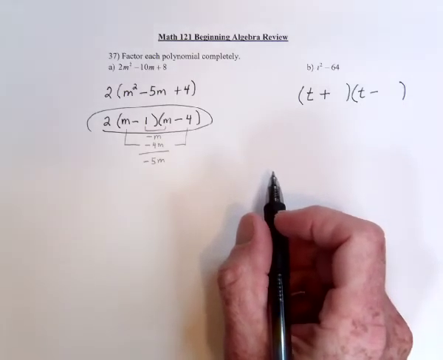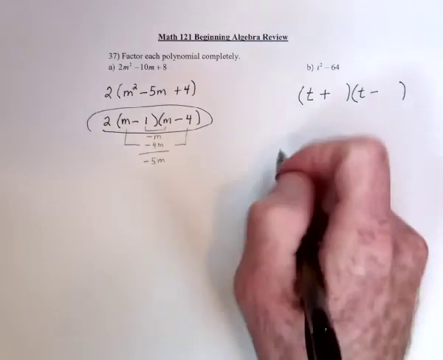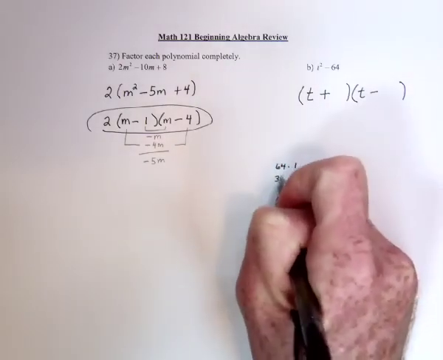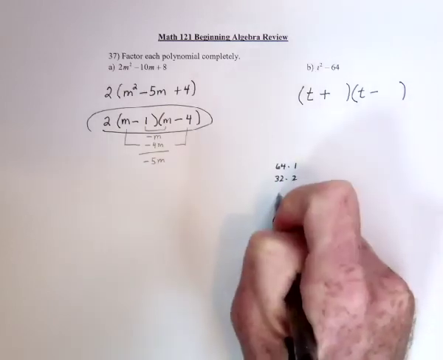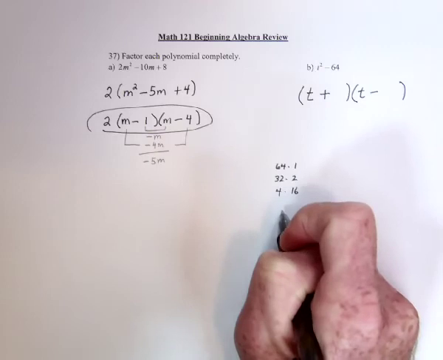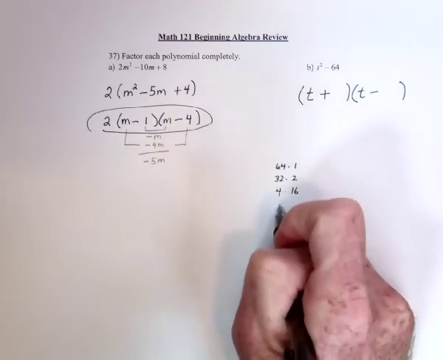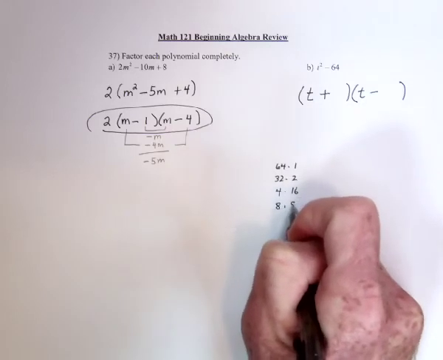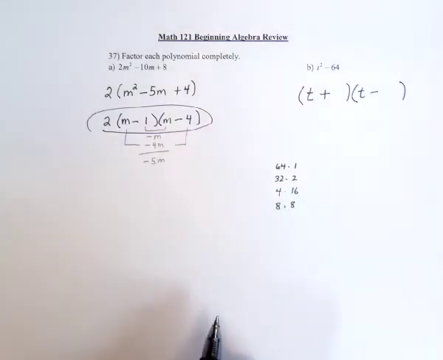And then for 64, well, there's the possibility 64 times 1, 32 times 2, 4 times 16. Oh yeah, 8 divided into it, 8 times 8. So there's all the possibilities.